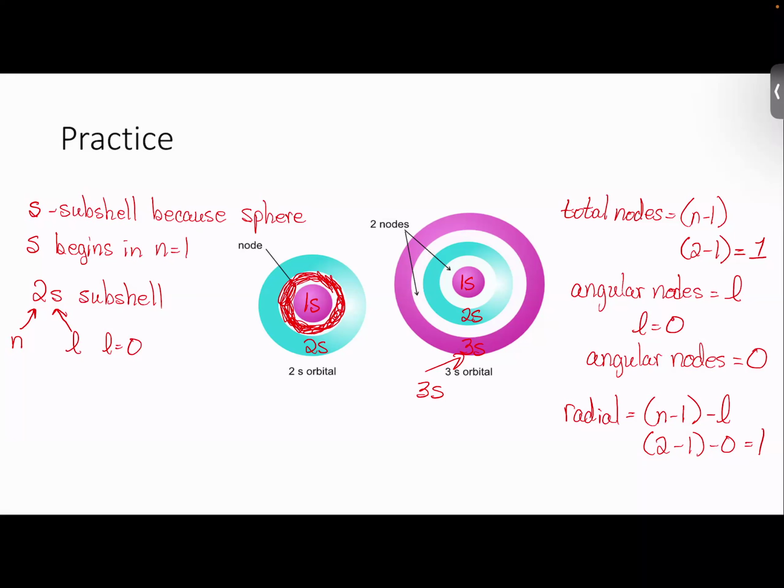And I would have done the math the exact same way, and what I would have found out is that there are 2 nodes, both of which are radial nodes.